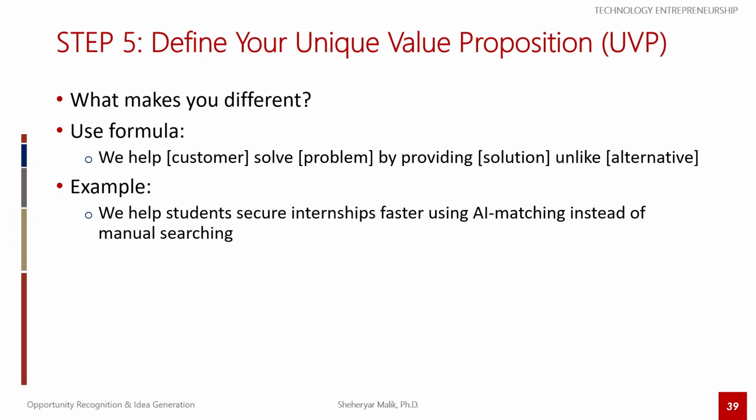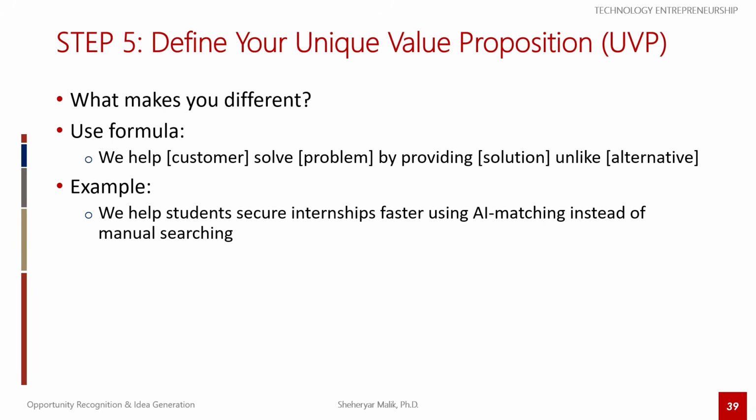You can use the formula: we help customers solve a particular problem by providing this solution, unlike alternatives. You need to formulate your UVP based on this. It's very important to state what the solution is and how it differentiates from your competitors.